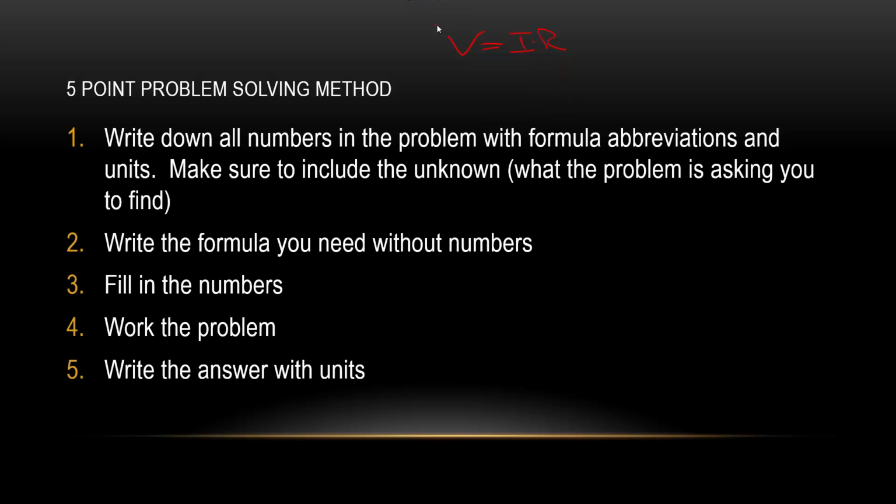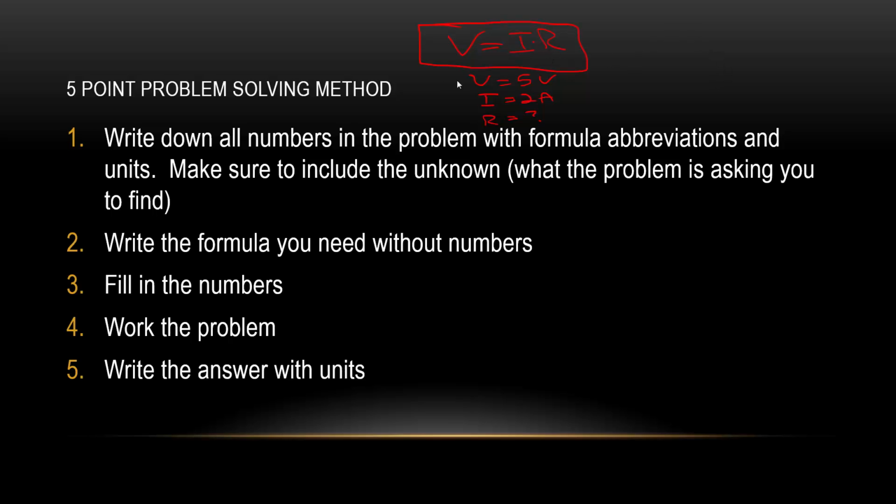Okay, now step 2, I write the formula without numbers. That's step 2. Okay, whichever formula I'm supposed to be using, that's what I write. I then fill in the numbers without units. So if I go back to my thing here, I got 5 volts, I equals 2 amps, and resistance equals, I don't know.